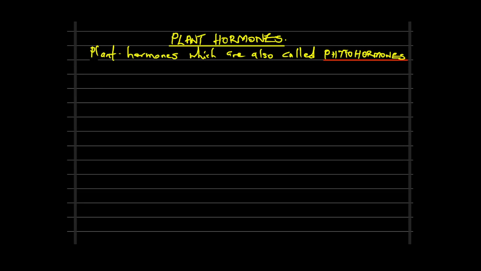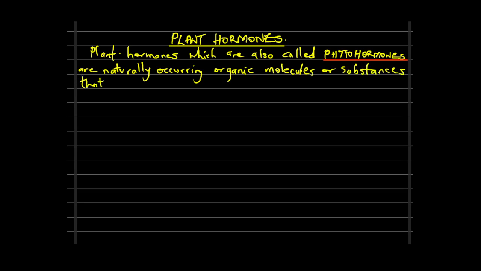Like I said, they are naturally occurring. The plant hormones, which are also called phytohormones, are naturally occurring organic molecules or substances that are secreted in minute or tiny quantities in certain parts of the plant.